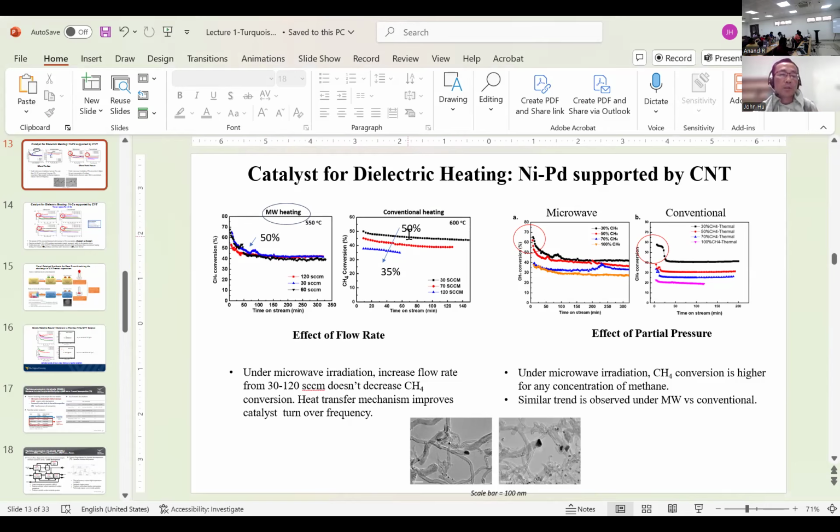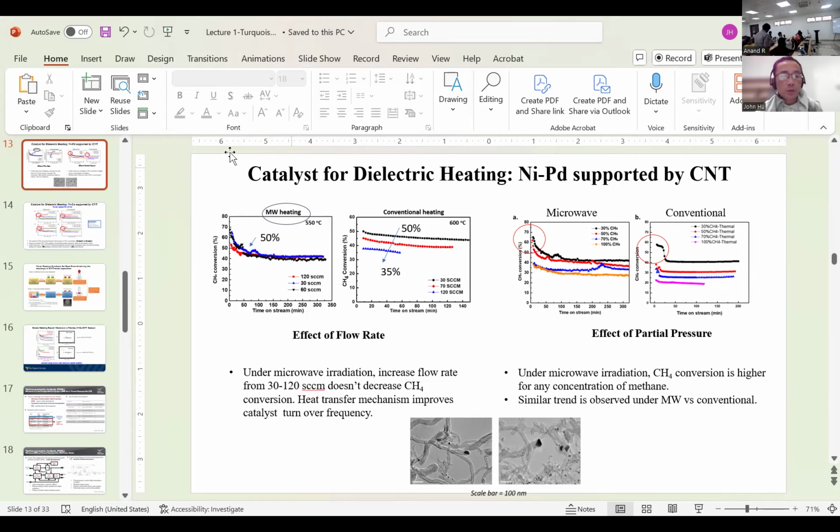Also the conversion decreases with increase of the flow rate. But these two graphs are compared under similar flow rates of 120 cc per minute, 30 and 60.